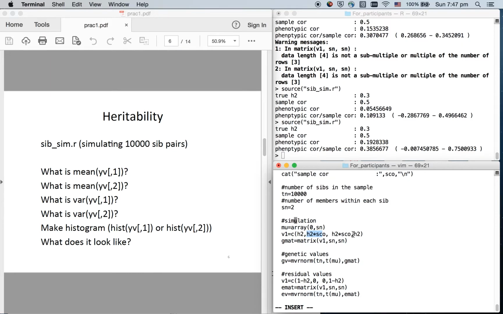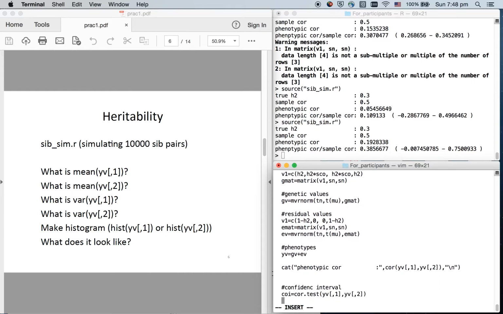Also the second digit, the twin, also has the same heritability, right? And this is assigned as the genetic structure here. Then genetic value is simulated from a multivariate normal distribution. This is the number of records, this is the mean, and this is the genetic structure according to this code.